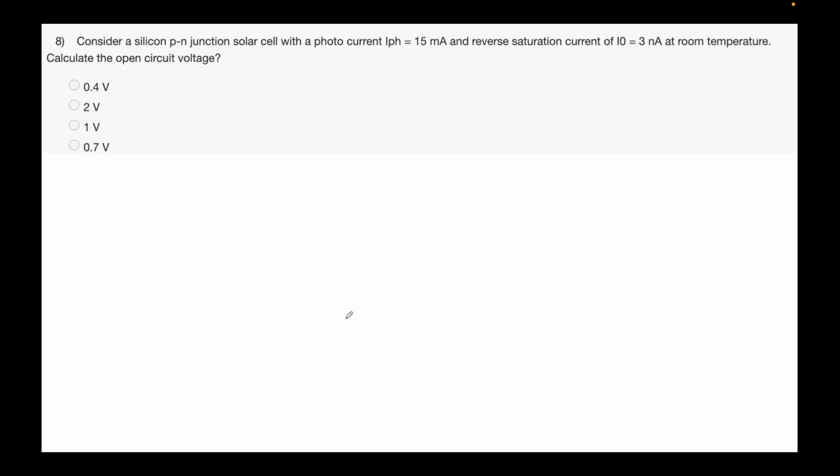In this problem, for instance, it does not mention whether it's a P plus N junction or N plus P junction. Whenever you encounter such problems, please always bear in mind to ask yourself these questions: it says it's a silicon based solar cell.